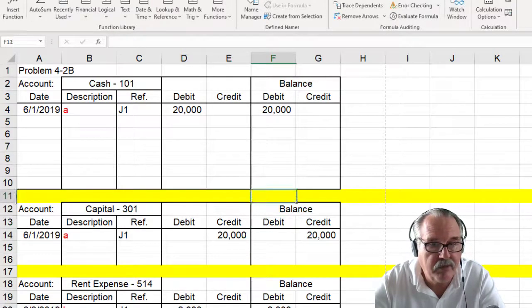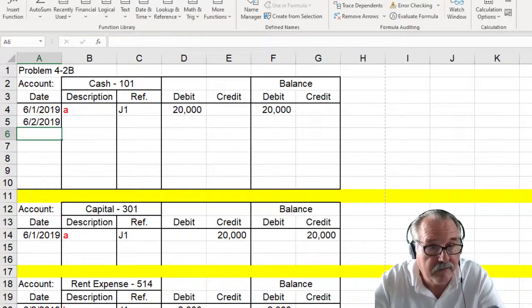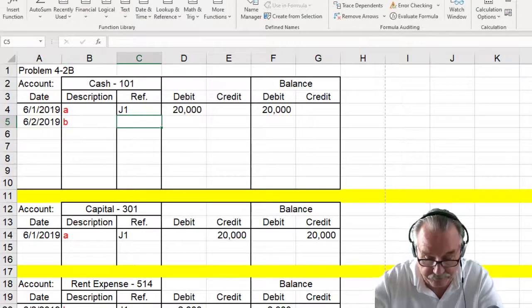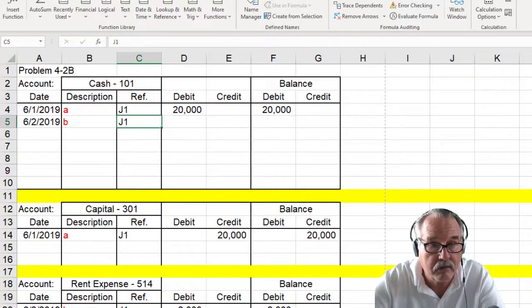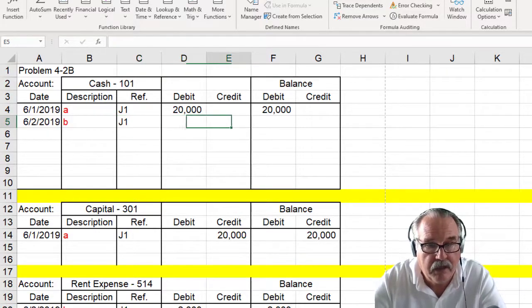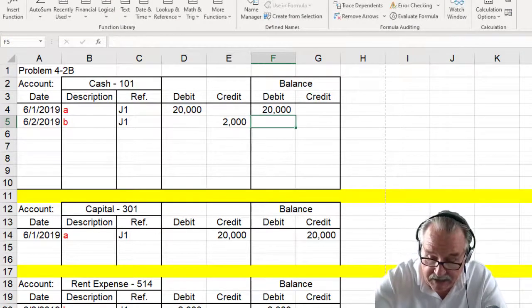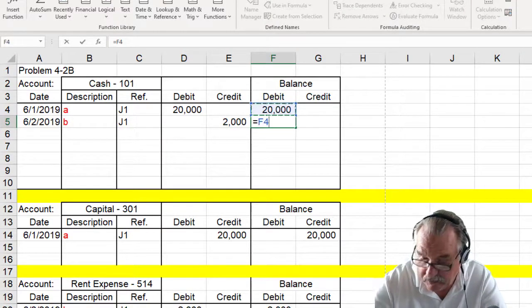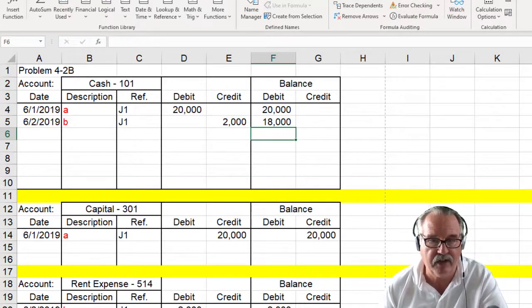And then the credit is going to the cash account. $2,000 is the credit to cash, and now the balance is going to drop down to $18,000.